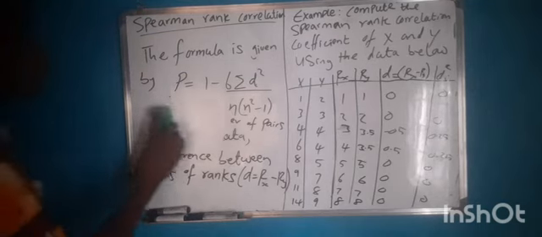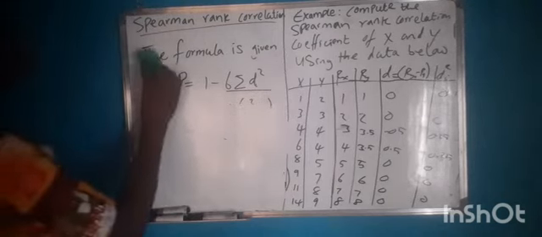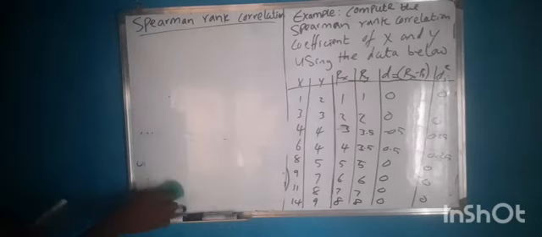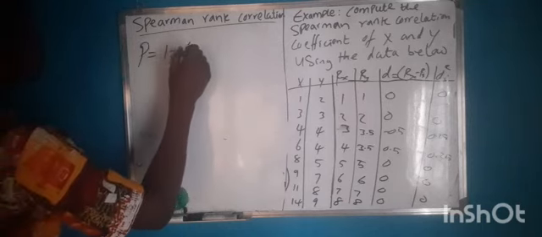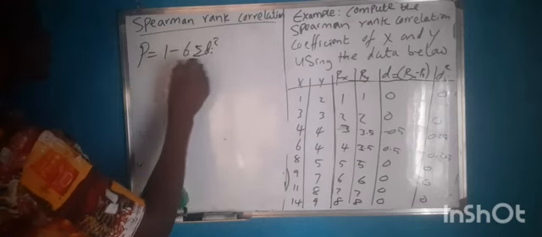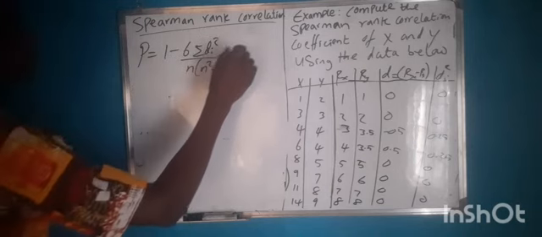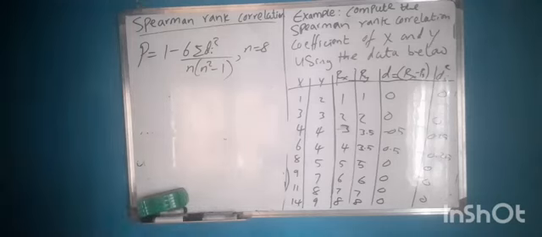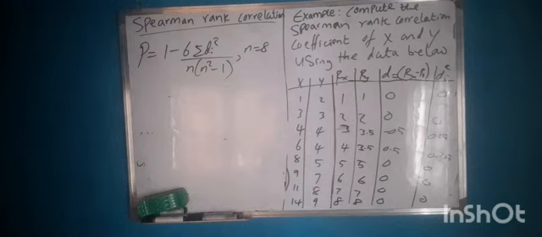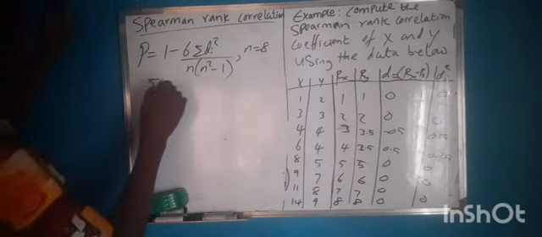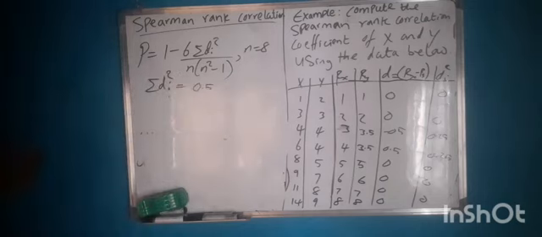So our rho is equal to 1 minus 6 summation di squared all over n bracket n squared minus 1. Our n is equal to 8, because we have 8 pairs of observations. Our summation di squared is 0.5, so we simply put it in this formula.